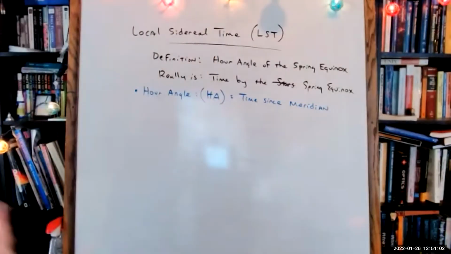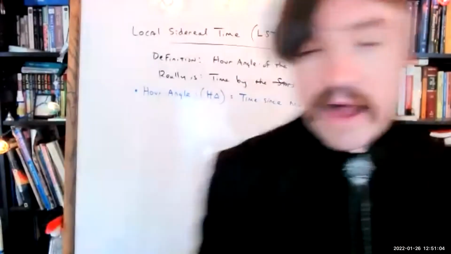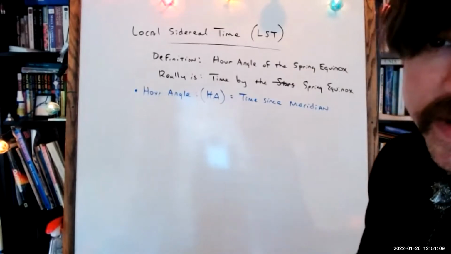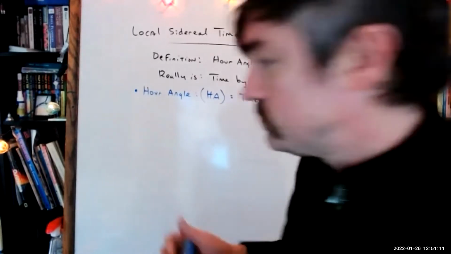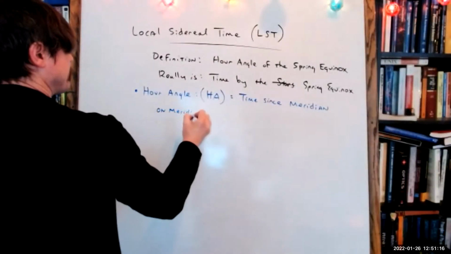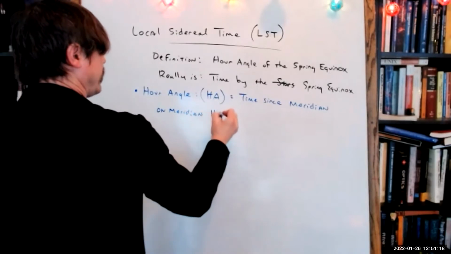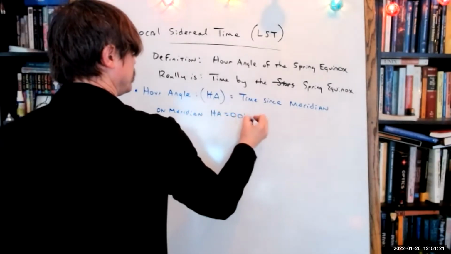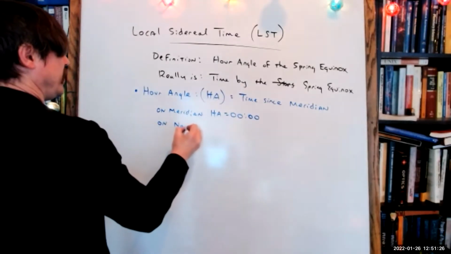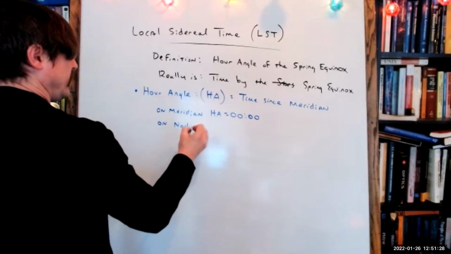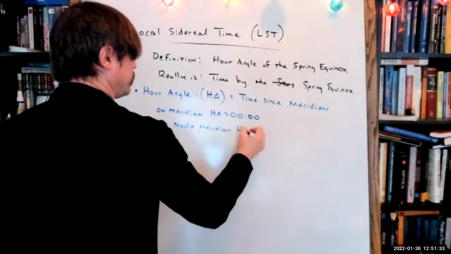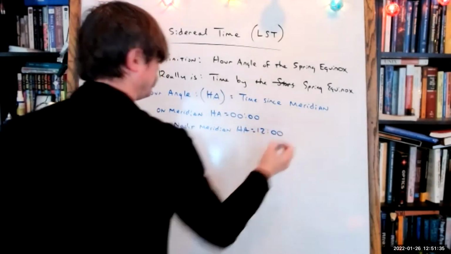In other words, if a star is cycling around the sky, the hour angle of a star is how many hours after it crossed the meridian. So if you're on the meridian, the hour angle is 0 hours. If you're on the nadir meridian, your hour angle is 12.